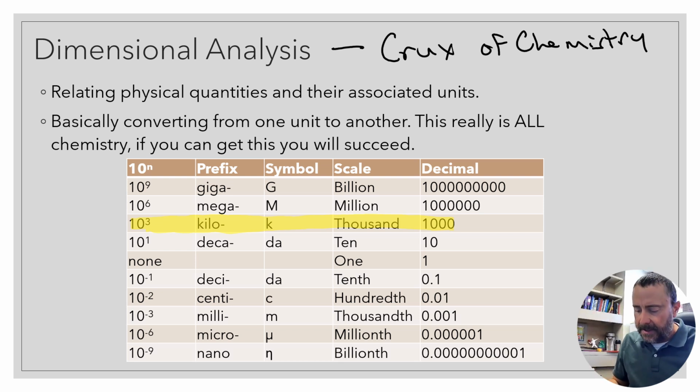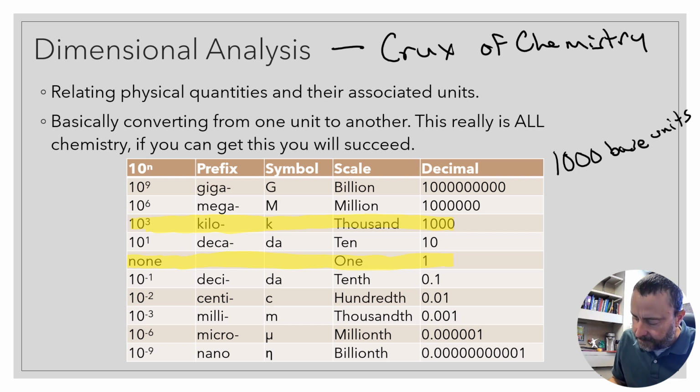That means the number of base units, which is right here, so I'm comparing these two yellow areas, is telling us that there are 1,000 base units equals 1 kilo unit.